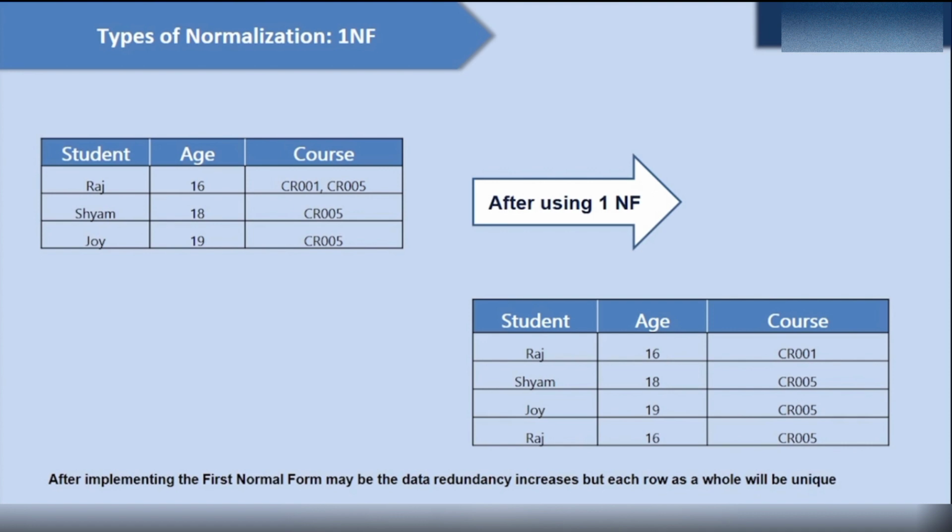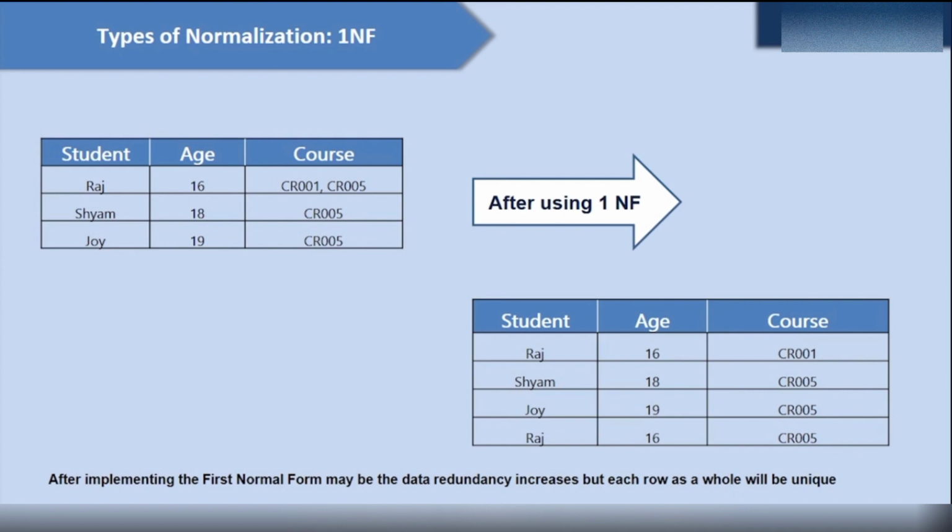So your rows have increased because you are putting each and every piece of data in different rows. And here you can see after implementing the first normal form, maybe the data redundancy increases, but each row as a whole will be unique. So this is the main focus of 1NF.